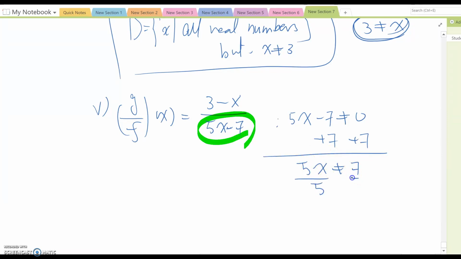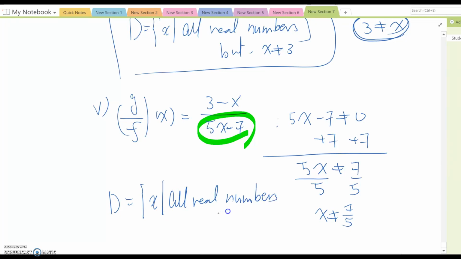Then x cannot be 7 over 5. So for the domain, you can write x can be all real numbers, but x cannot be 7/5. Okay?